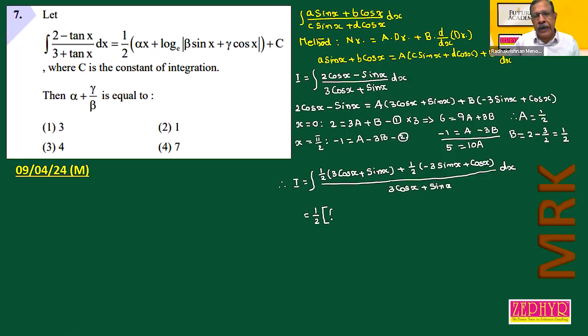So you are getting integral dx. Plus, in the second one, numerator is minus 3 sin x plus cos x divided by 3 cos x plus sin x dx.